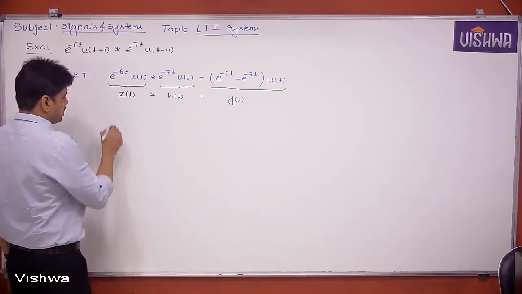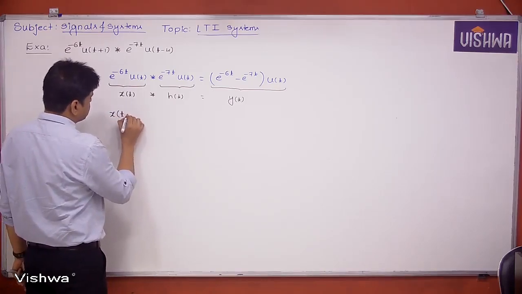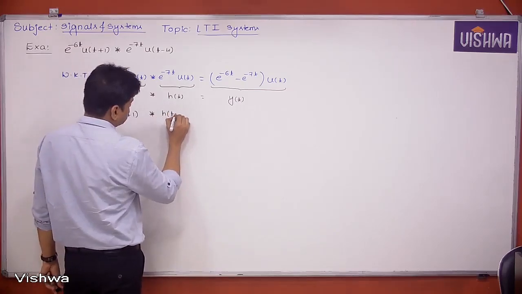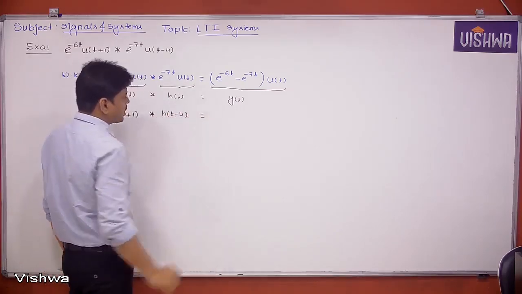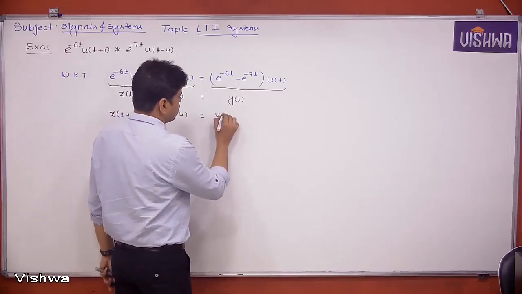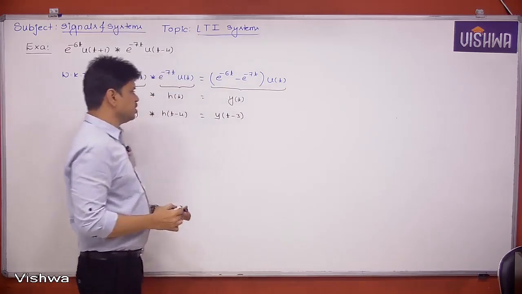Just try to understand, suppose I introduce a time shift: u of t plus 1 convolution with h of t minus 4. Then from the time shifting property, what is the result? It is nothing but y of t plus 1 minus 4, that is y of t minus 3. That's what we are going to get.